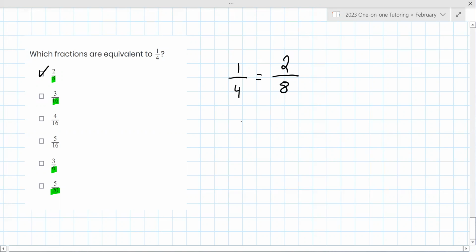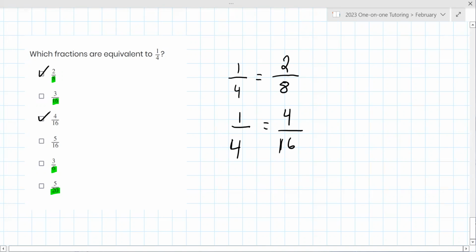All right, now we're going to do it for the next bottom, which is 16. How do you go from 4 to 16? What do you multiply 4 by to get to 16? 4. Okay, and then you're going to multiply the top number by 4. See how there's 4 over 16 there?